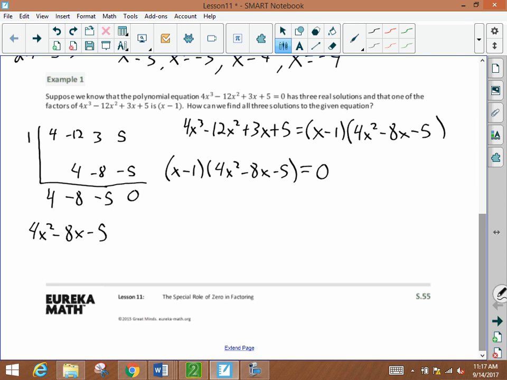That's the same as that, I've just divided. So now, if there are 3 solutions, I suspect that I should be able to factor 4x squared minus 8x minus 5 in such a way that I wind up with some product of 2 binomials.